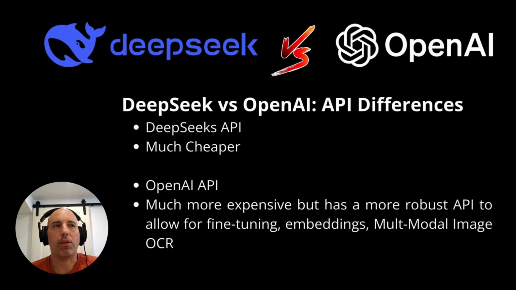And there are multi-modal image models like DALL-E and even OCR, text recognition. You can upload an image in OpenAI, but you can't do that in DeepSeek. So that's just a few differences about why you still might want to use OpenAI and their API currently, or you might want to use your own local version if you're a software developer.